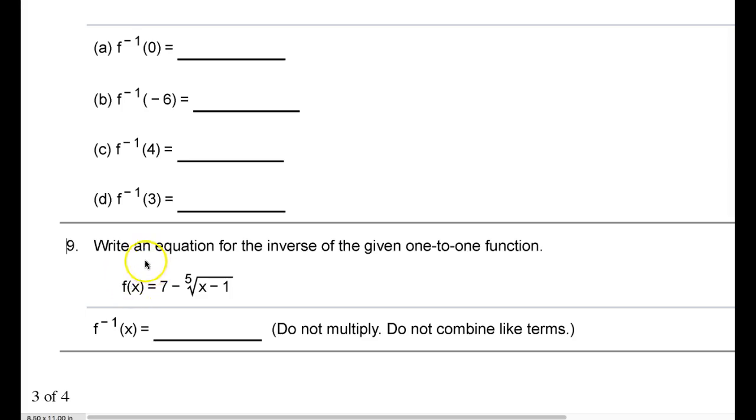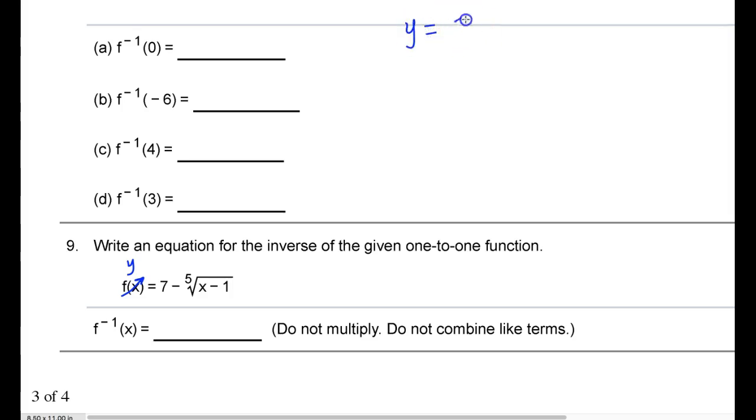All right, so moving on to question number 9, we want to write an equation for the inverse function given that the function that's given to us is a one-to-one function. So I'm going to come up here and work this. So here we know that we can let f of x equal y.